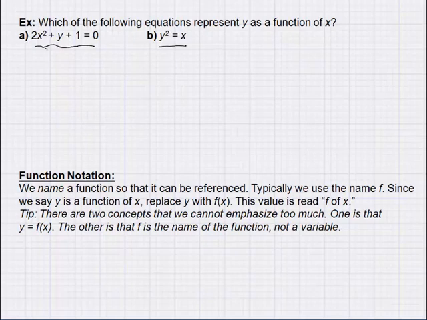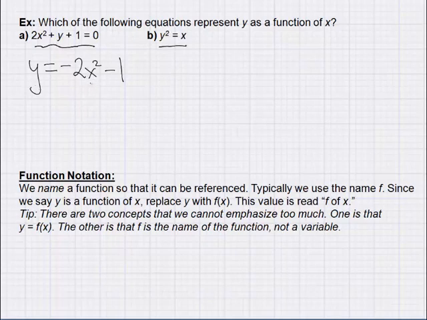Take this first equation here and solve it for y. In that case you get y equals negative 2x squared minus 1. So that's the equation solved for y. Now when you solve it for y, you can then look and see if I plug a particular x value in here, will I always get 1 y from that?